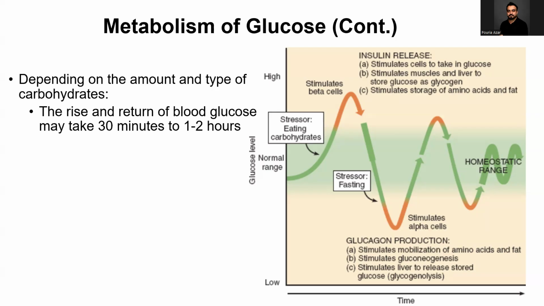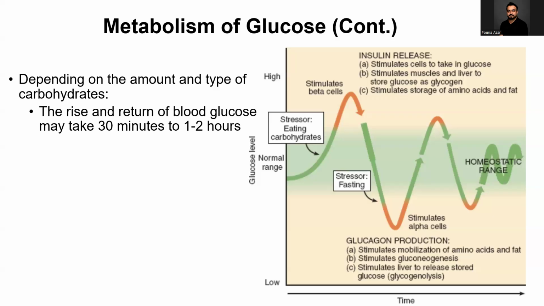So here is what happens. Whenever we eat carbohydrates, that carbohydrate enters the bloodstream as glucose. And that glucose stimulates beta cells in the pancreas. The pancreas releases insulin to the bloodstream and it forces other cells to take up the glucose from the bloodstream. So it drops the blood glucose levels.